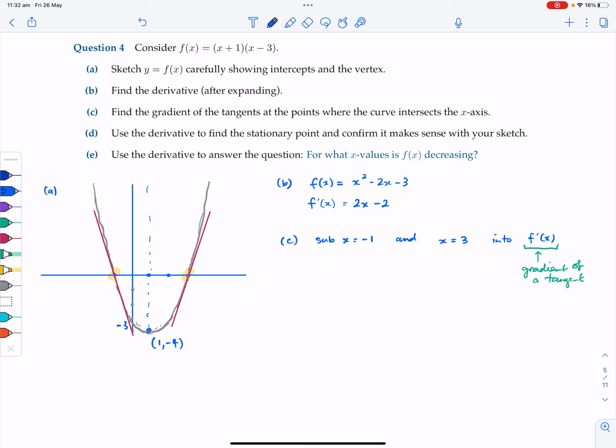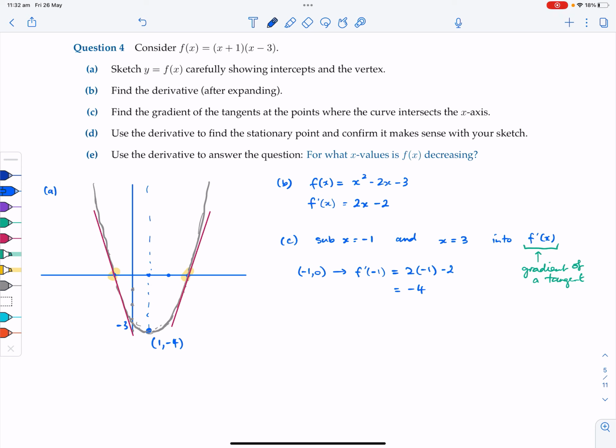Here's actual working. I'd like you to copy this in exact detail. The point -1, 0. We have f dash -1 equals 2 lots of -1 minus 2. That's -4. See, I substituted into that. 2 lots of -1 minus 2 is -4.